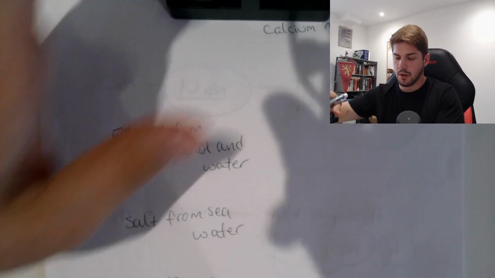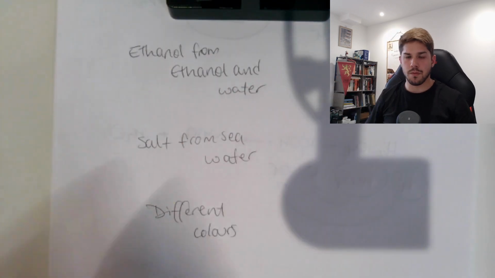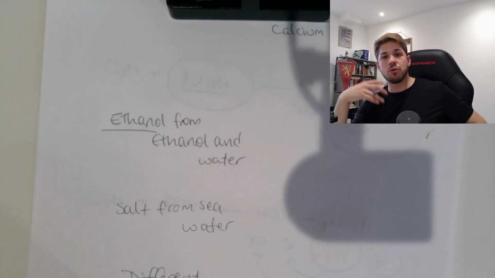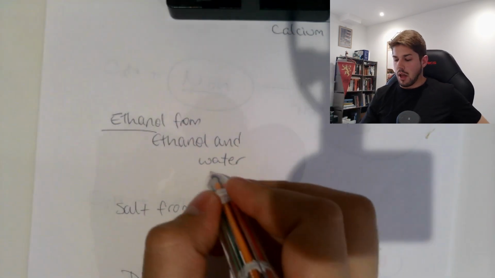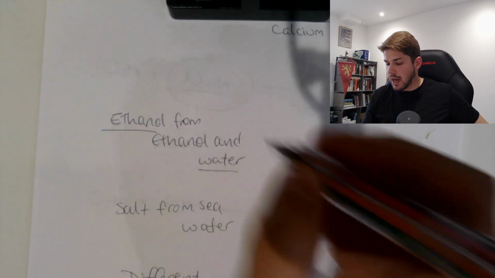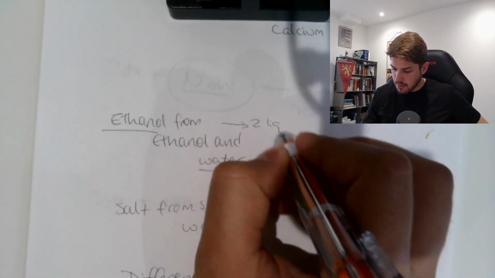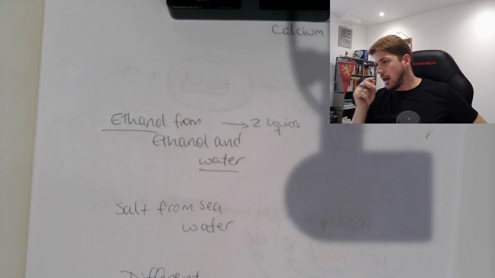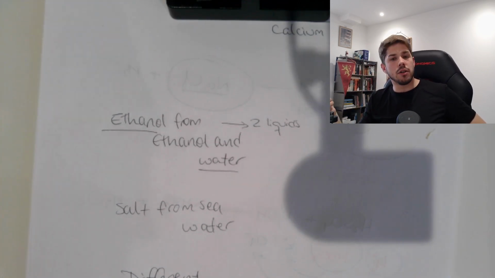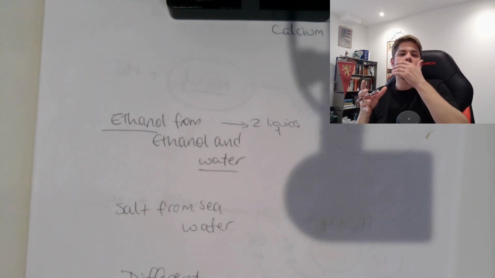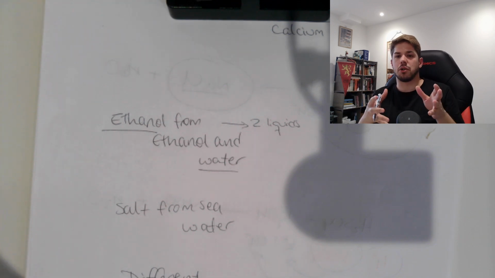Okay, so let's see what separation technique we're going to use for each case. Case number 1. Ethanol at room temperature is a liquid. And obviously, water is also a liquid at room temperature. Okay? Therefore, in this case, we have 2 liquids. You only know one technique that can separate 2 liquids. And this technique is based on different boiling points. What is the meaning of that? 2 liquids, they boil at different temperatures.